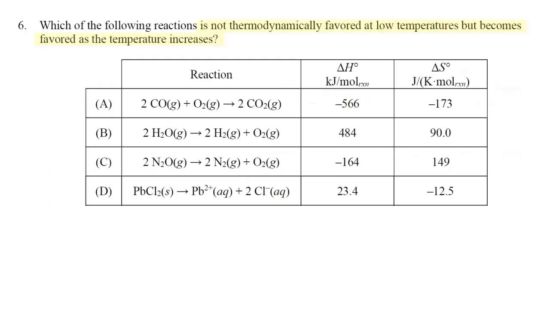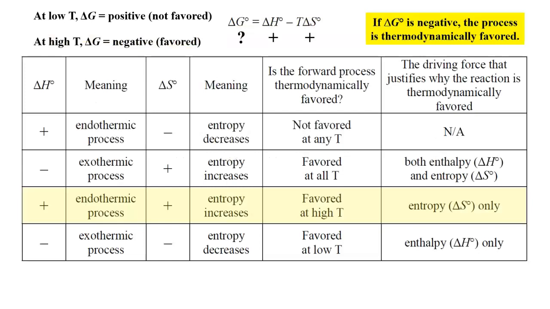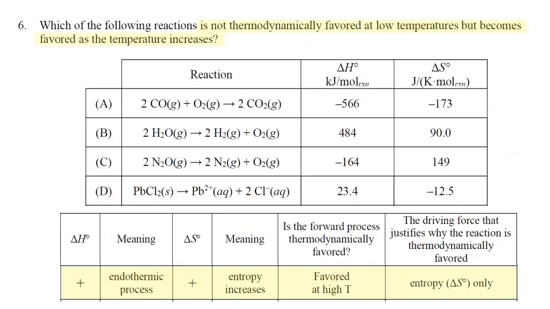It says, not thermodynamically favored at low temperatures, but becomes favored as the temperature increases. So it's going to be this possibility, only favored at high temperatures. So not favored at low temperatures, only favored at high temperatures. We need the sign of delta H and delta S to both be positive.